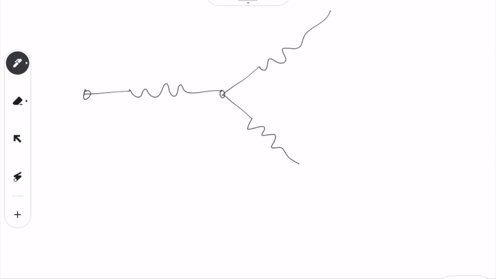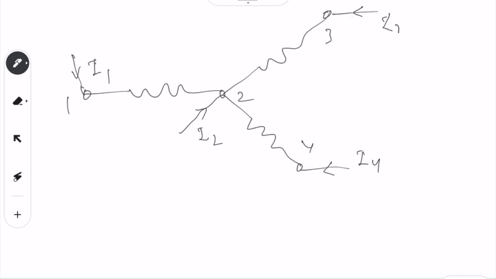So let us call it 1, you have 2, then we have 3 and we have 4, and the current coming to this one will be known as I1, any current here I2, then this as I4 and this as I3.